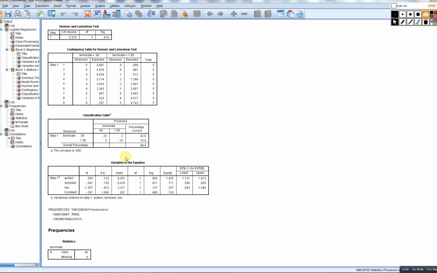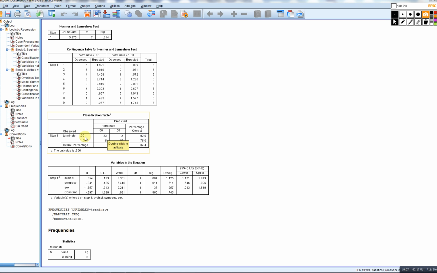Now, the cells are capturing the number of cases that were predicted to fall into a category in relation to the number that were actually in that category. We had 23 individuals who were both predicted to not terminate and who actually did not terminate.